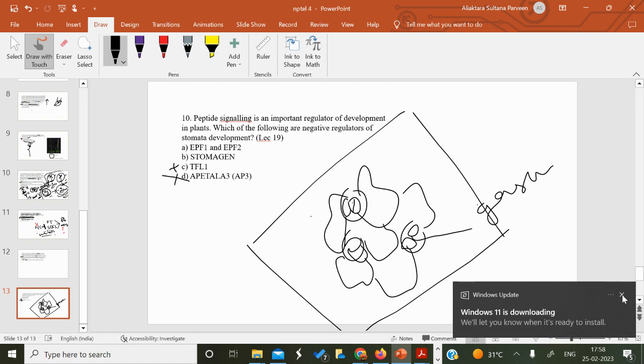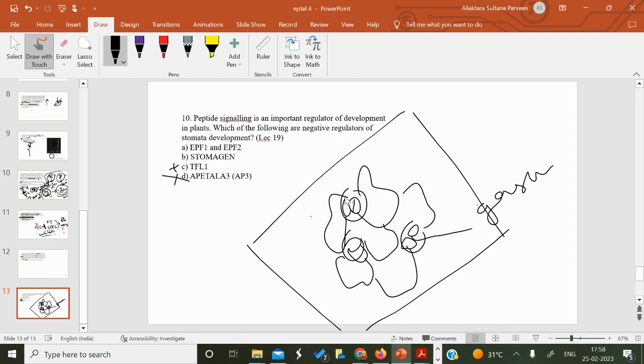So there are certain genes which make sure that not all the cells in the tissue develop into stomata. There are two kinds of genes: one which promotes the formation of stomata, and another which negatively regulates the formation of stomata.